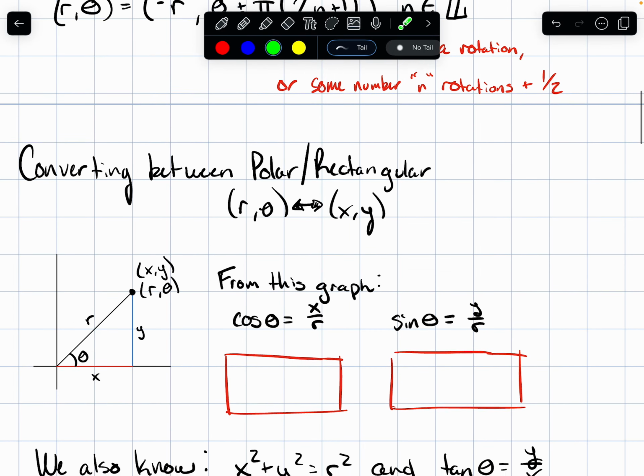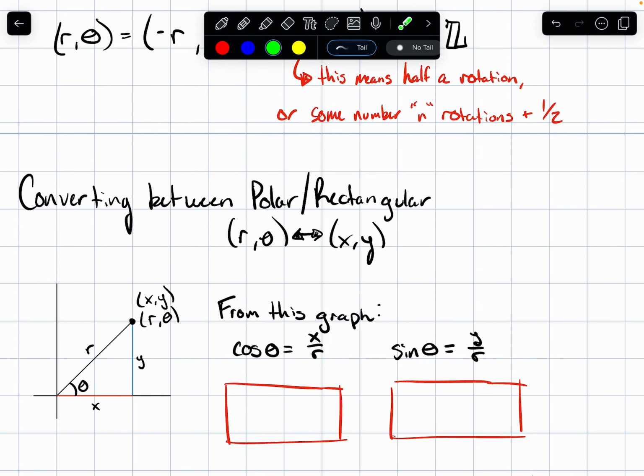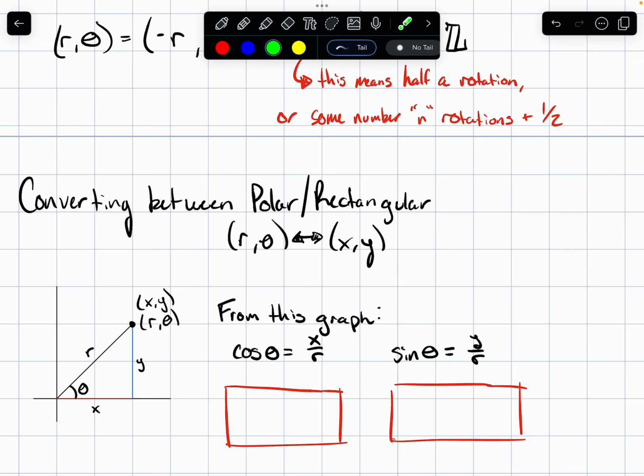The next thing is we're going to look at converting between polar and rectangular, because we need to talk about these different functions, these different points in both coordinate systems. You can see on the left, I have written up a point here, and I've written the coordinate in rectangular coordinates and in polar coordinates. We can see that I go over x, up y, x y, or that I go up theta and out r.